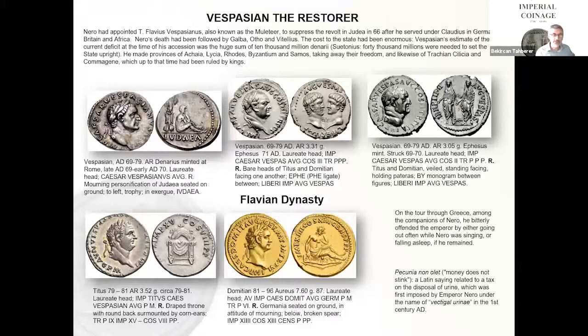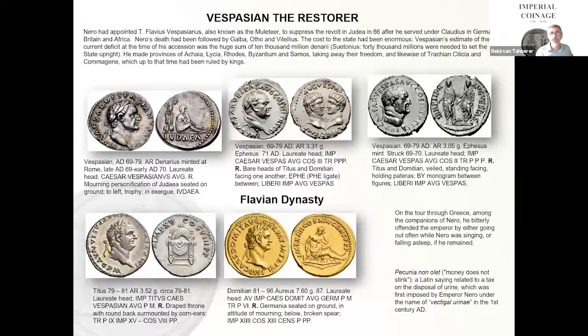His son, Titus, simply thought that it was outrageous to impose that tax again. And it is said that Vespasian extended his hand holding an aureus to his son and says, "See, it doesn't stink, it's money and we need it."